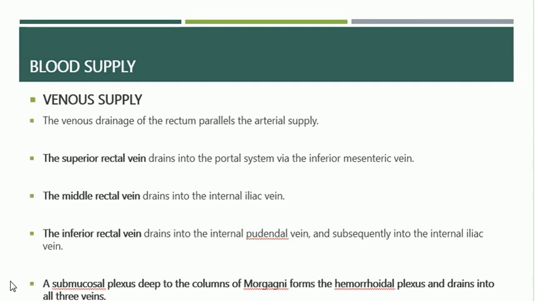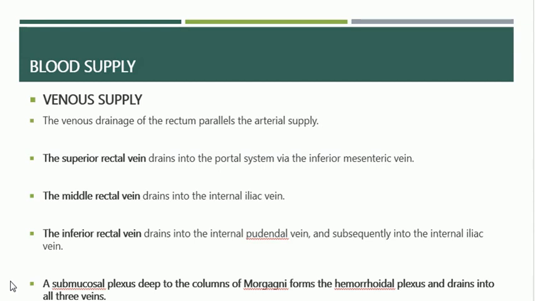A submucosal plexus, which is deep to the columns of Morgagni, forms the hemorrhoidal plexus, and this drains into all three veins. Basically, when we talk about the venous drainage of the anal canal, the hemorrhoidal plexuses go upwards and drain into these three rectal veins.